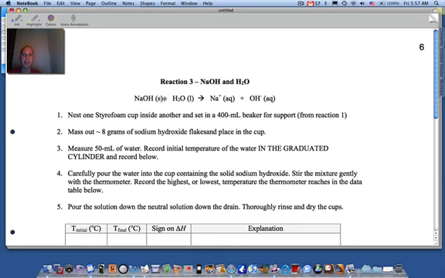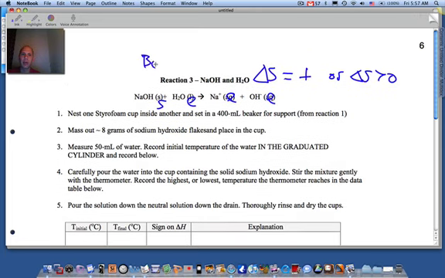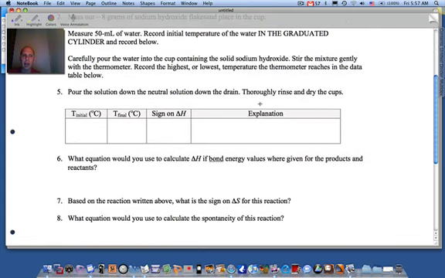Right, last reaction, let's look at it again. Solids and liquids going to liquids and liquids. In this case, entropy is increasing. Delta S is going to be positive, or you could also say delta S is greater than 0. These are the broken bonds. These are the formed bonds. And this one, I believe, increased in temperature as well, from 20 degrees Celsius up to like 50 degrees Celsius.